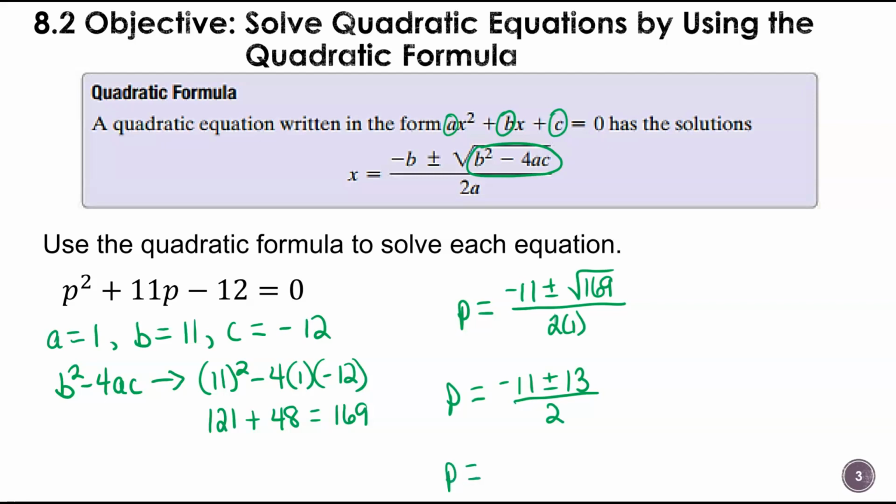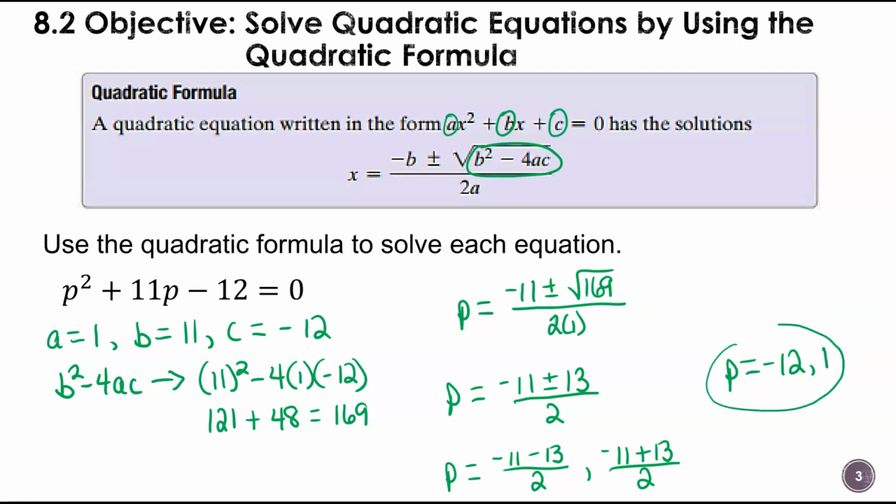So that's -11 minus 13 divided by 2. Be careful how you do this, right? Because that's -24 divided by 2. So -24 divided by 2 is -12. And then we also will have -11 plus 13 divided by 2, which is 2 over 2, or 1.